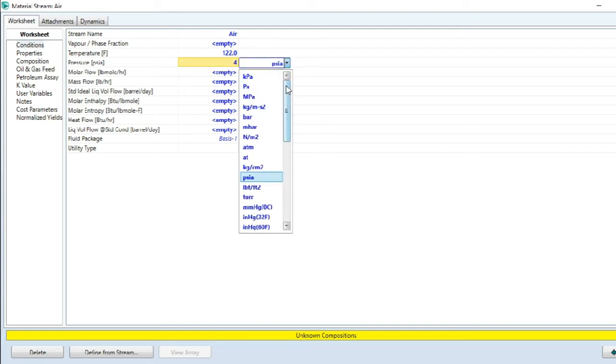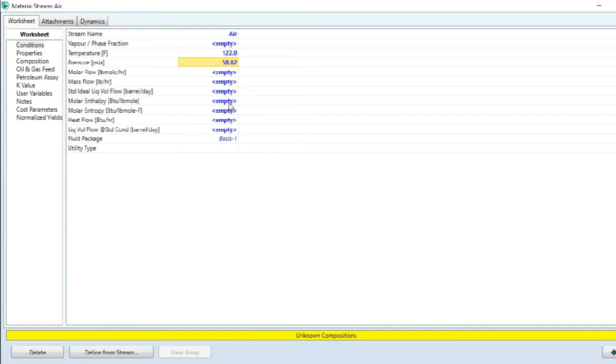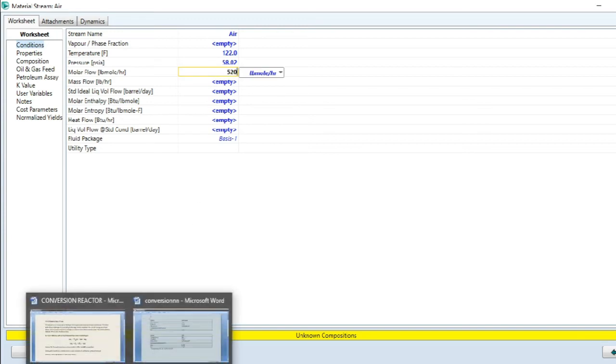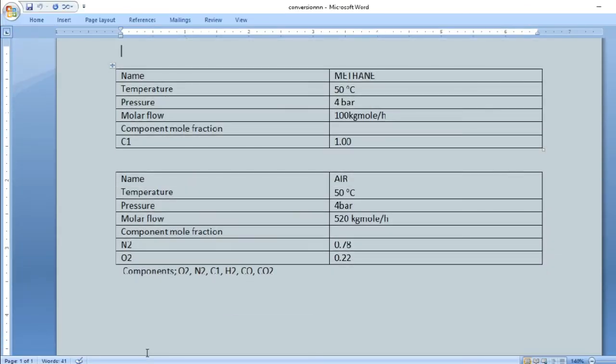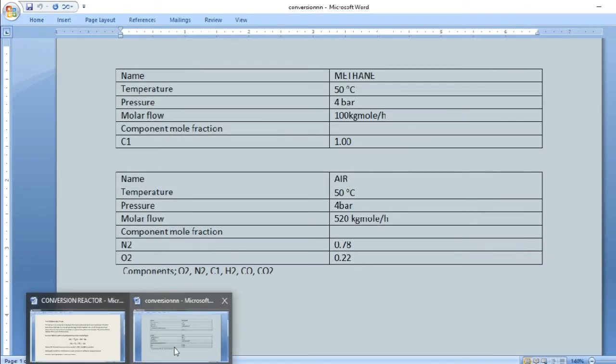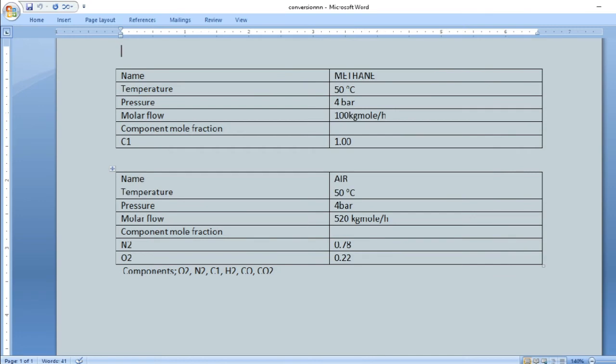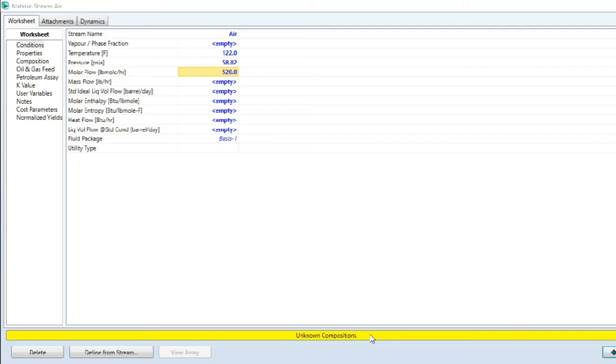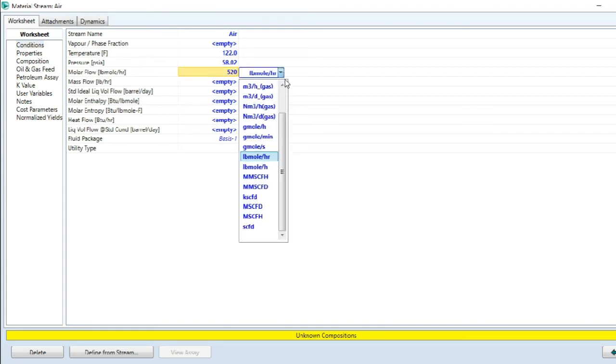Make sure the units correspond. I also have 520, if I am not mistaken, let me check, 520 kg mole per hour.